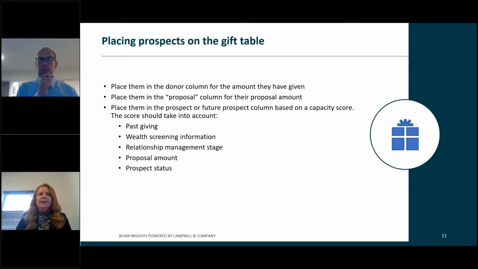So taking that into account. The proposal amount, if you've entered a proposal, can be factored into a capacity score, and then prospect status. So we want to take those into consideration when creating a score. And again, Beam Insights does that for us. So it takes all of that information, all of those data points, and does the analysis on the back end, and then places those prospects onto a gift table for you.